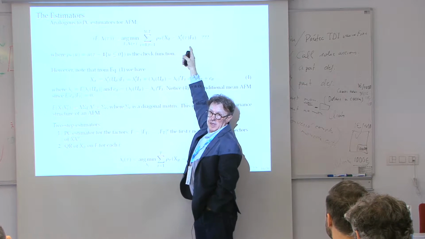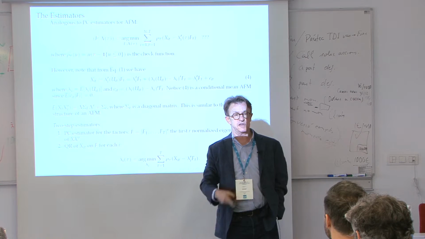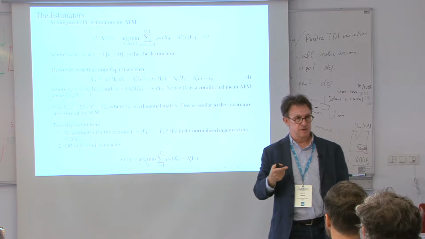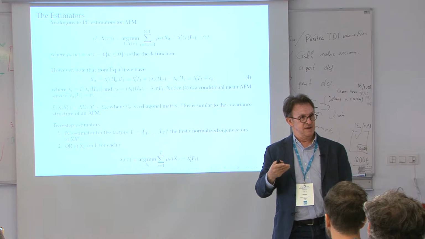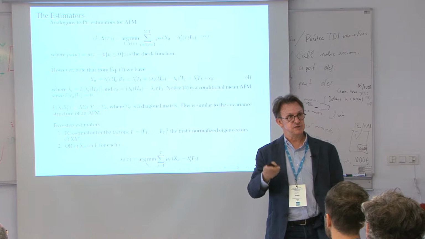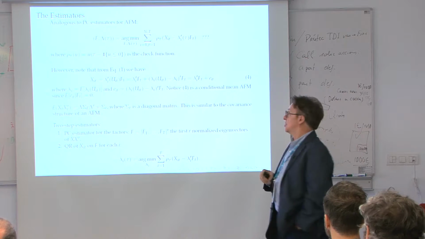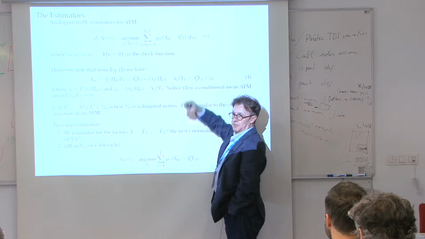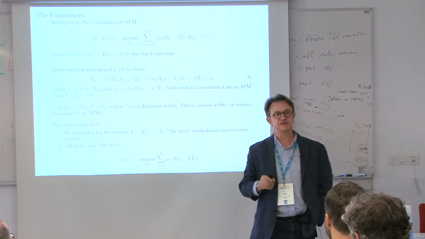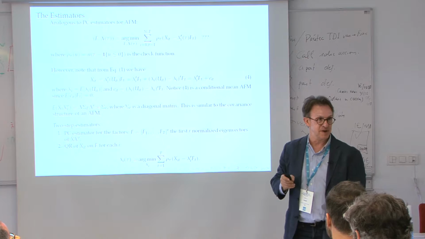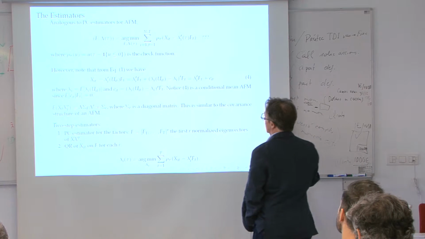Here the big problem is, of course, that f is a generated regressor, it's not known, as opposed to the standard approach in quantile regressions. So I put question marks here to point out that this is a rather difficult problem, as will come out later on.